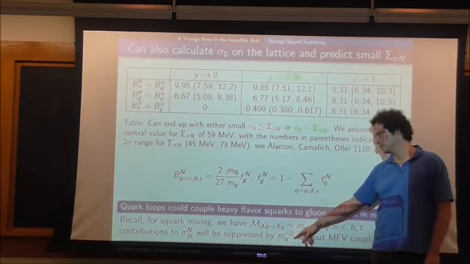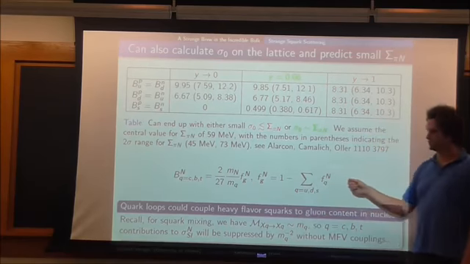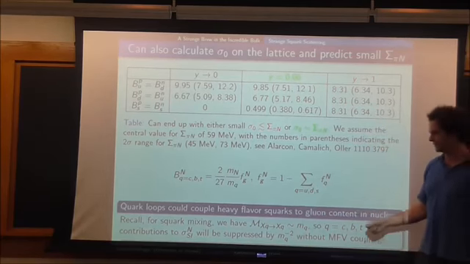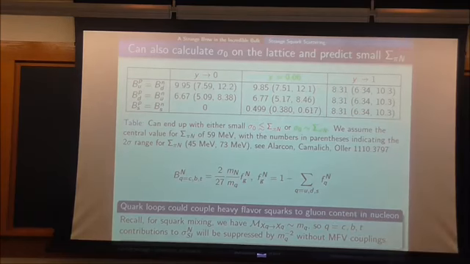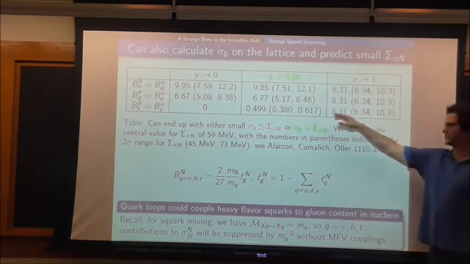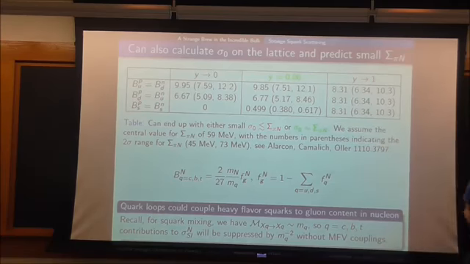And so you wind up suppressing all of these heavy flavor quark contributions by the quark mass squared in the cross section. So the point of all this is that we have to go through strange quark mixing, and the uncertainty is huge because of these strangeness content uncertainties.